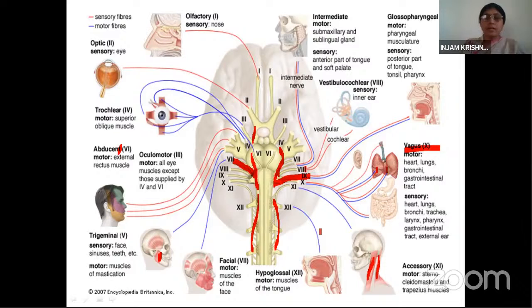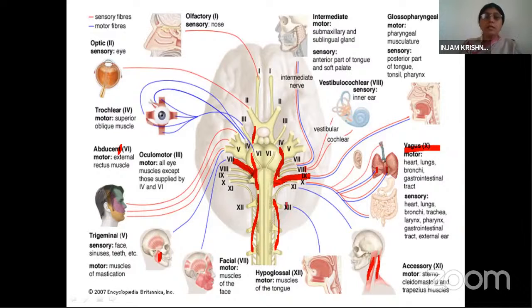What is the 12th one? Hypoglossal, motor. What is hypoglossal? Hypoglossal is a motor nerve, and it starts from the medulla oblongata and reaches the muscles which are involved in speech, maybe the tongue and larynx.